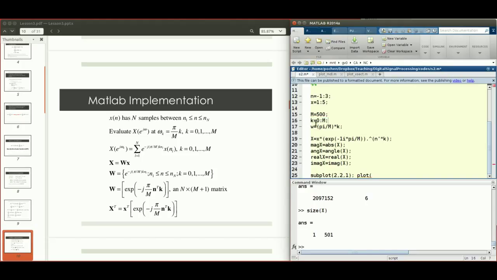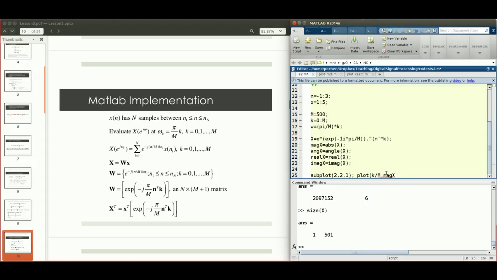I want my horizontal axis to go from 0 to 1, where 1 means pi. What I can do is use k divided by big M, or I can use w divided by pi. Either way is fine. So here I'm going to use k divided by M. That's going to be my horizontal axis.